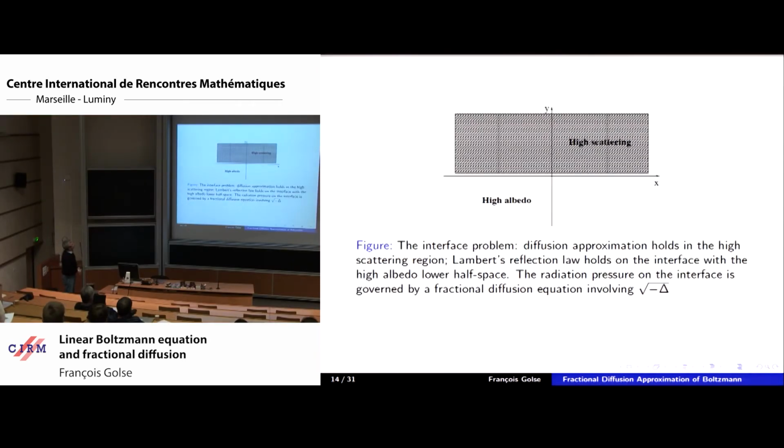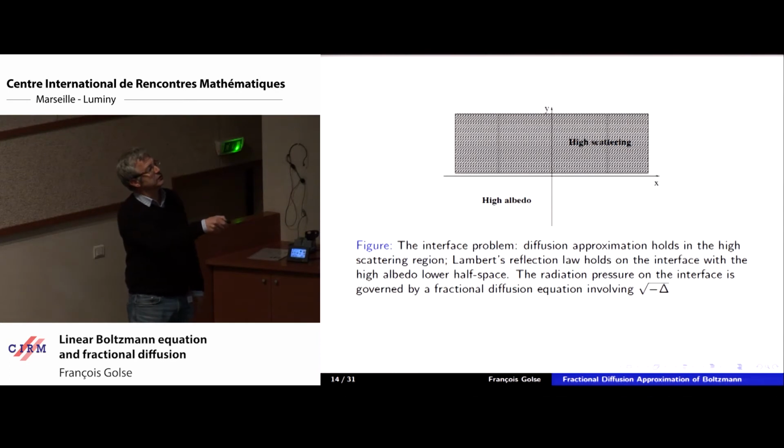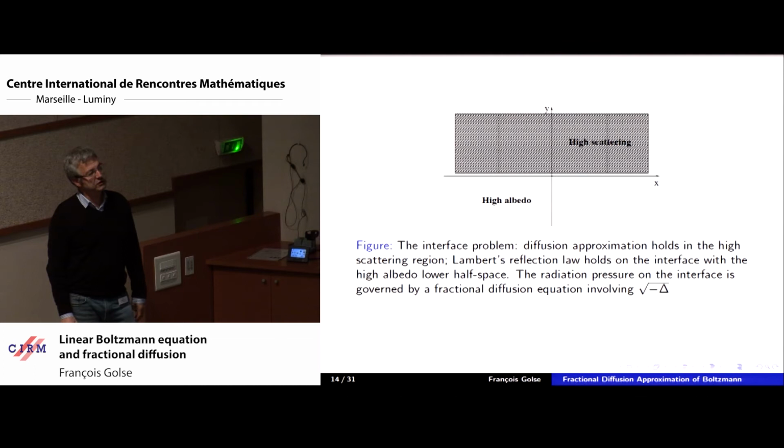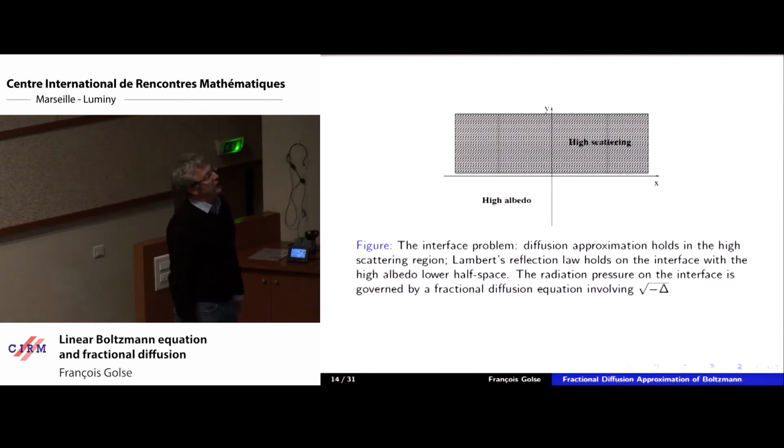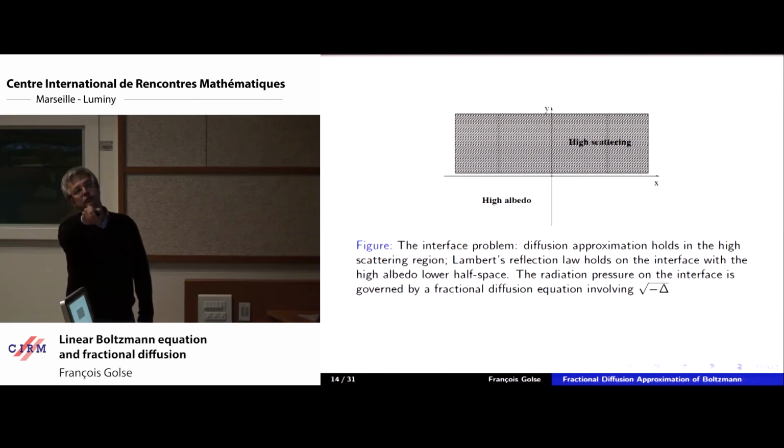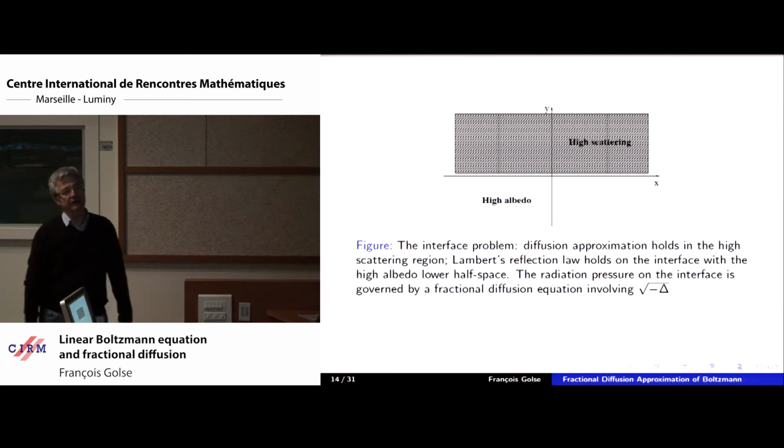Good, so now, here is the geometry, right? So you have an interface, so on the upper half space, you have this high scattering material, so rather opaque material, if you want, and below the interface you have a high albedo medium, typically something which is fairly transparent. And so the idea is that diffusion approximation, standard diffusion will take place in the high scattering domain.